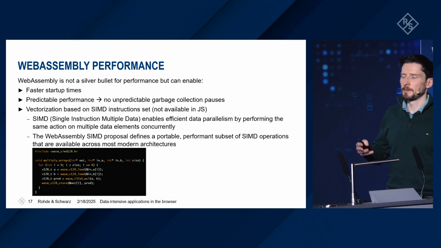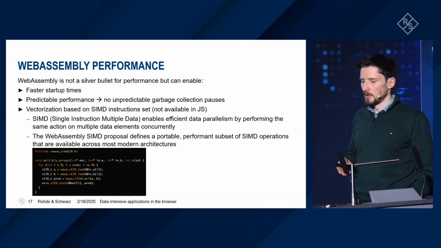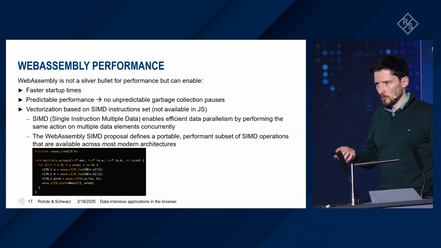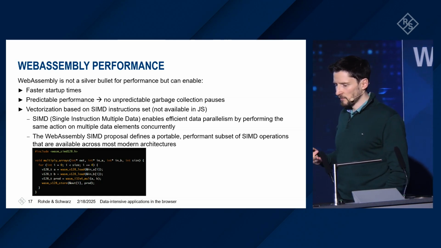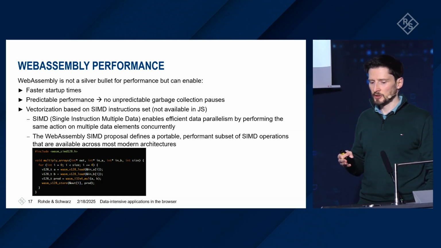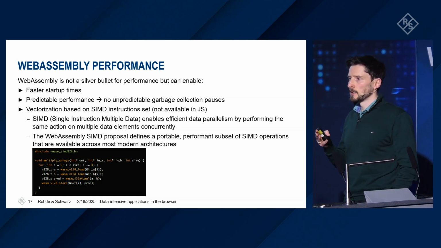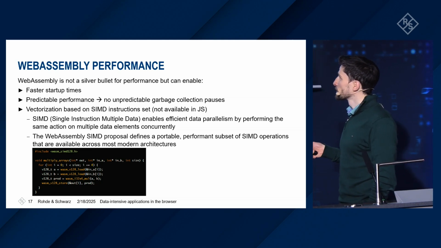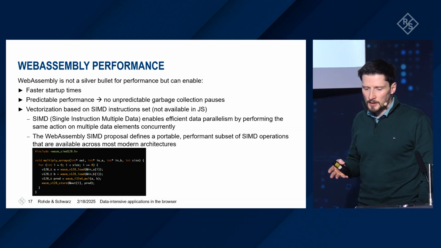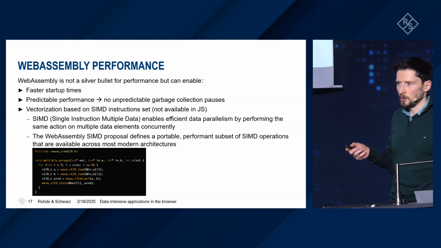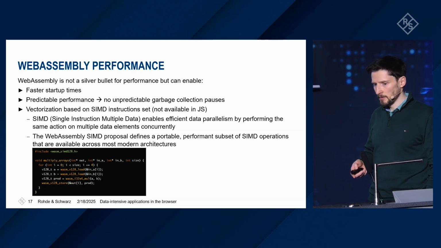With WebAssembly, it's easier to be on the fast path. And finally, in my opinion, the most promising feature, and the one I have the most hopes for in our map applications in the future, is SIMD vectorization, which you can only use in WebAssembly and not in the classic JavaScript world.